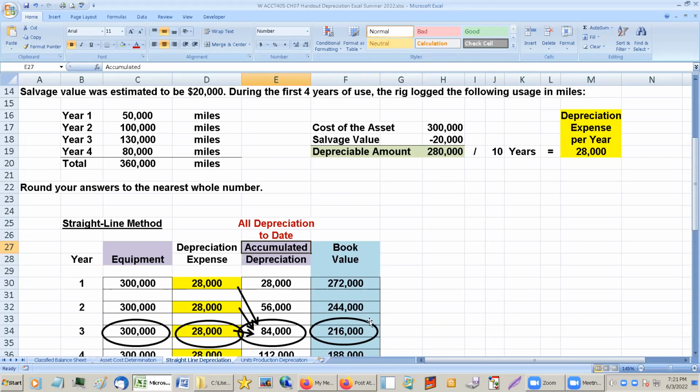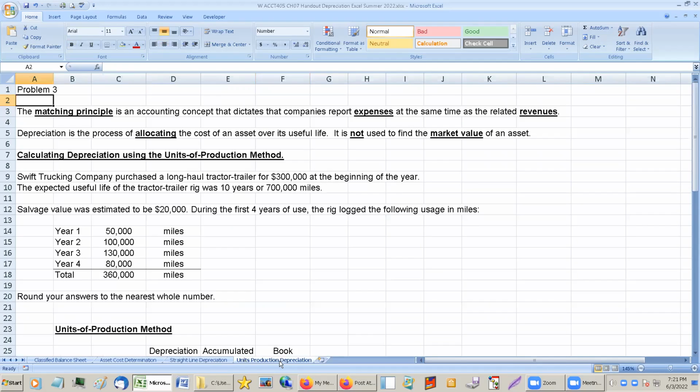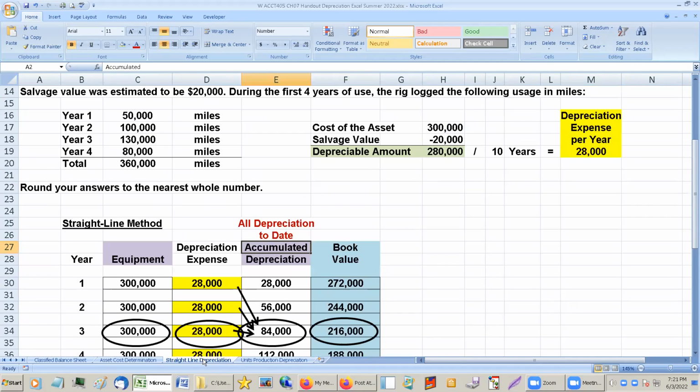Okay, let's go to units of production. Units of production is actually fairly similar. We start out exactly the same.